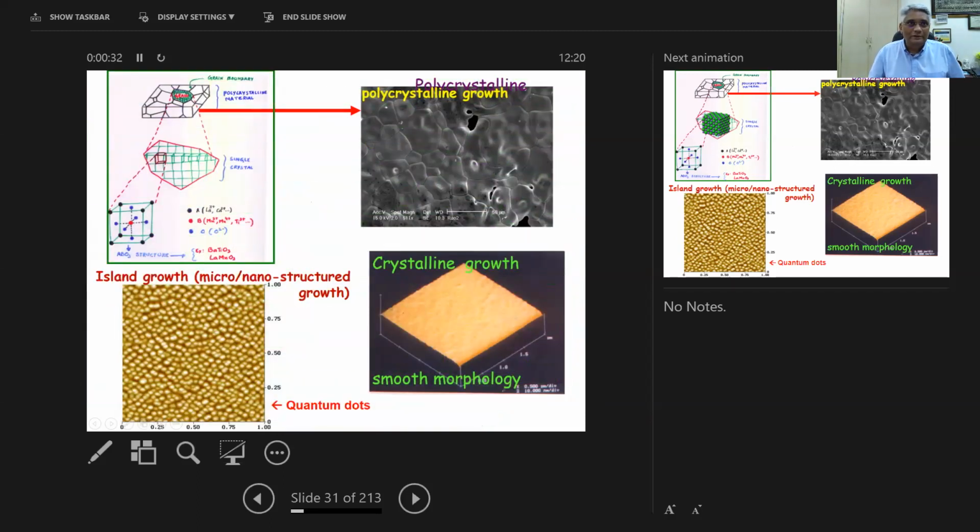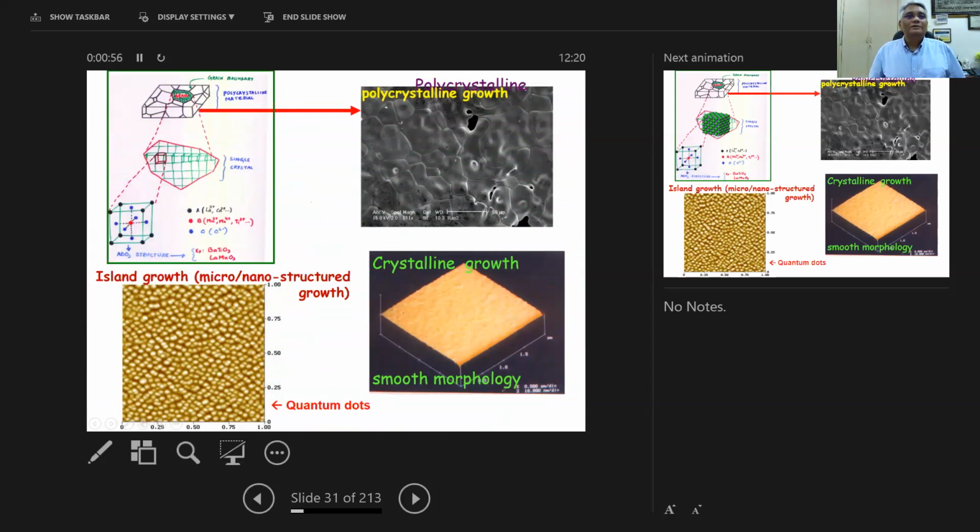You can also get a given material in this form. You call it microstructured or nanostructured growth, where each of those small domains or balls is equivalent to a crystalline region, except that the scale is different.